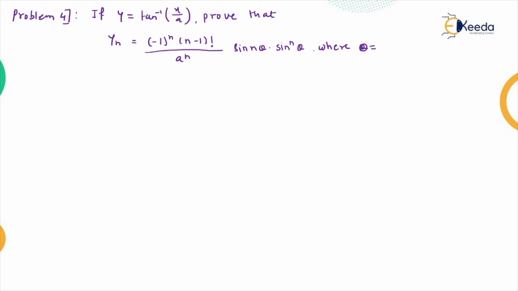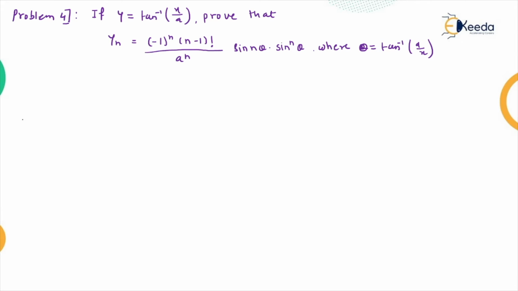Theta is nothing but tan inverse of a divided by x, because tan inverse of x by a is y, so theta is tan inverse of a by x. So we have to solve this problem, guys.